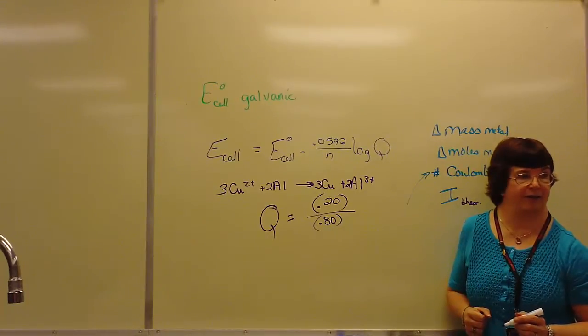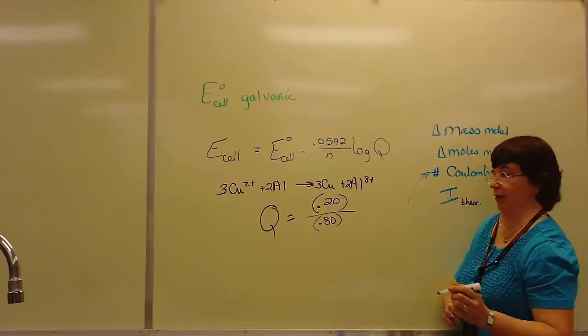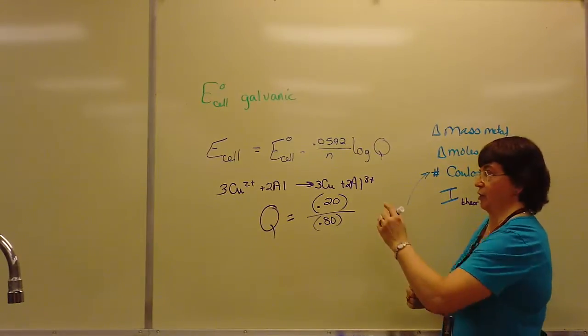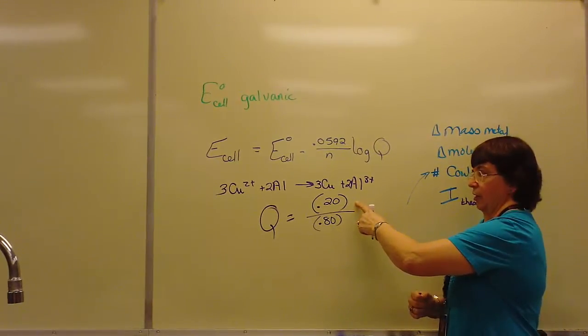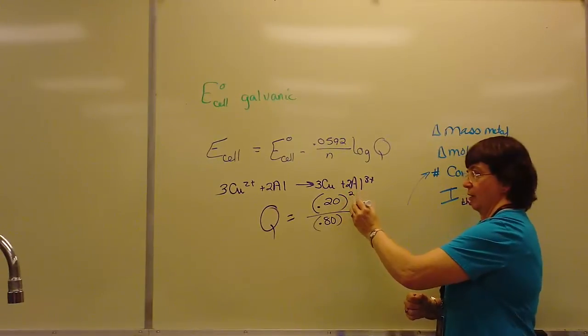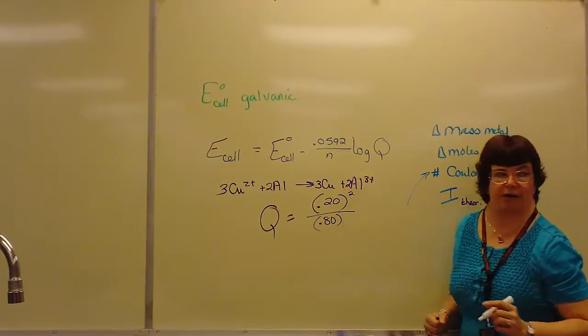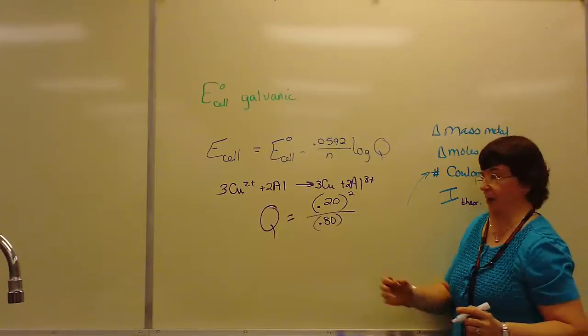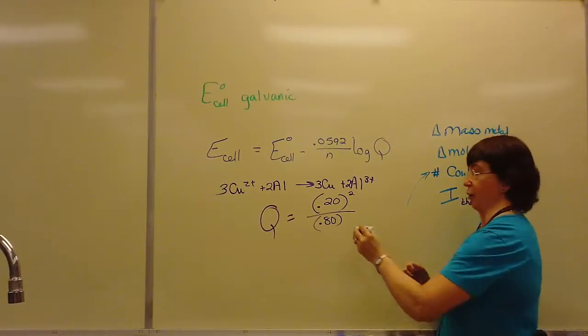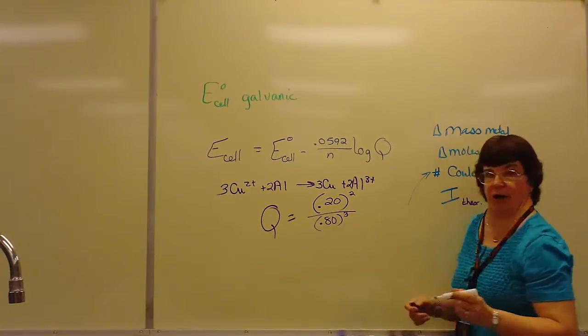Are we done? So 0.2 gets what? Squared. Really? Okay, squared. What's my coefficient here? 2, so squared. And this is third, cubed. All right?